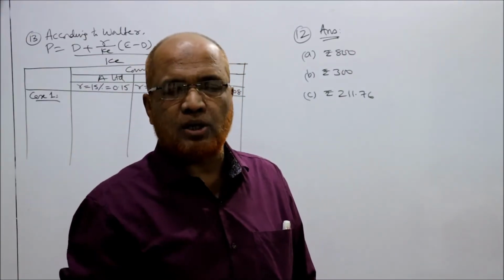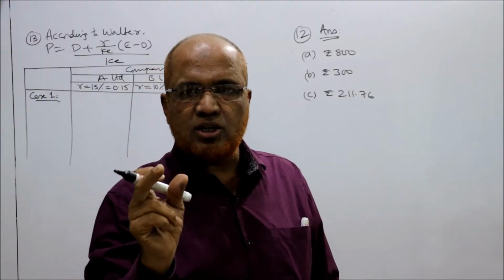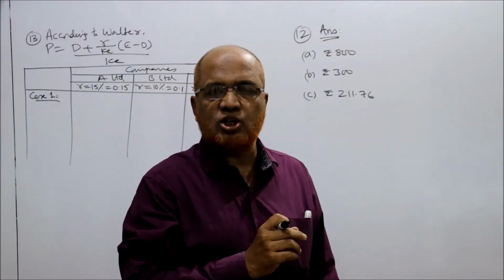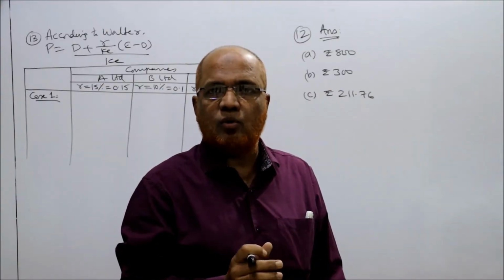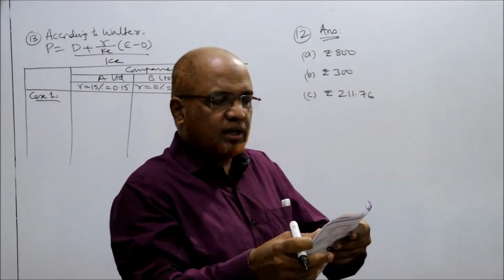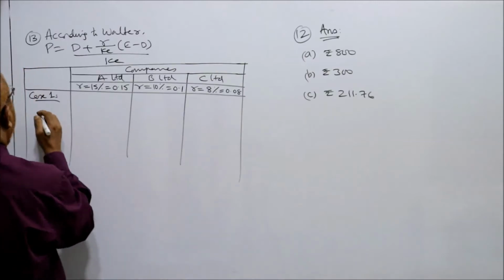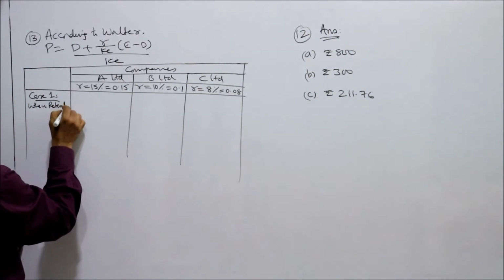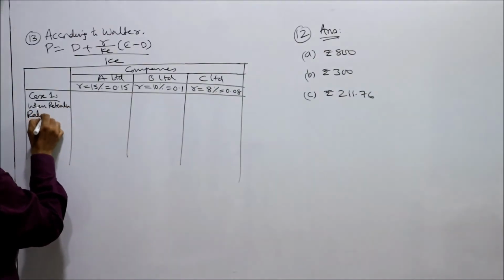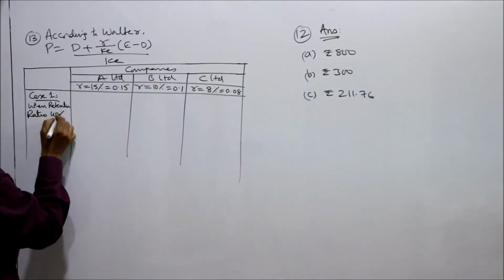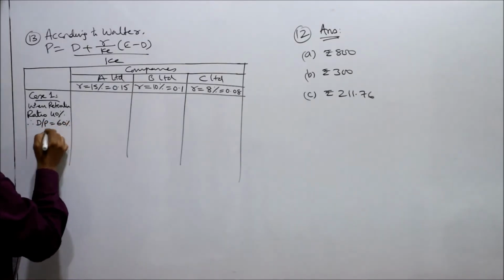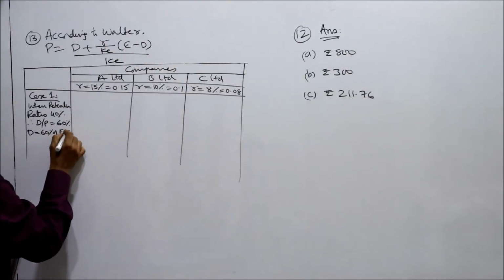We want the payout ratio. The retention ratio is needed in Gordon; for Gordon we need the retention ratio, and for Walter we need the payout ratio. So here it is given retention ratio 40%. Therefore, DP ratio 60%. So D is equal to 60% of EPS.